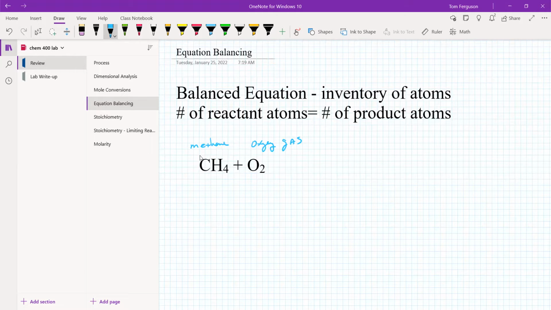Okay, so whenever we burn anything, that's called combustion. And combustion, most of the time, involves oxygen as an oxidizer. Doesn't have to be though.